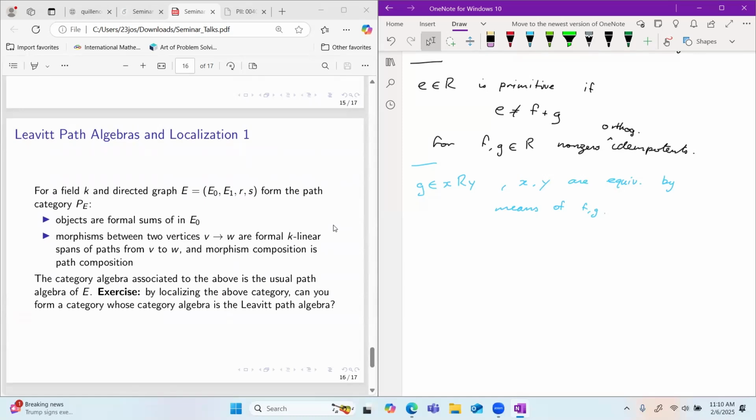So to show you an example of this, we're going to construct the Leavitt path algebra using this idea of localization.